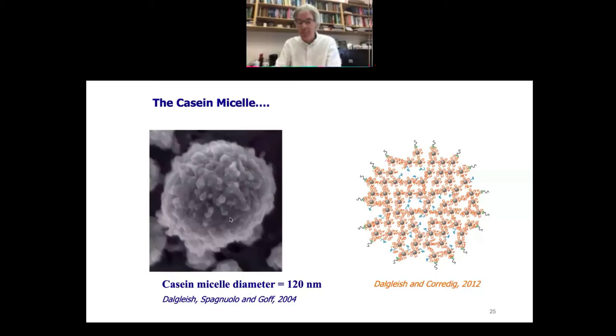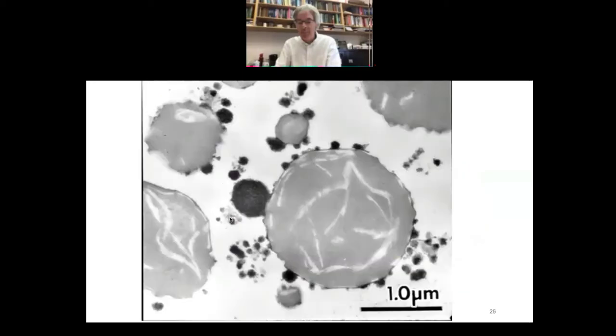And from a modeling point of view, we interpret that as the dense regions surrounding the calcium and the less dense regions where those calcium phosphate nanoclusters, protein nanoclusters, are interacting with each other. And so it has a fairly high volume and a fairly high water content within this protein aggregate. So I'll come back to the casein micelles a bit later.